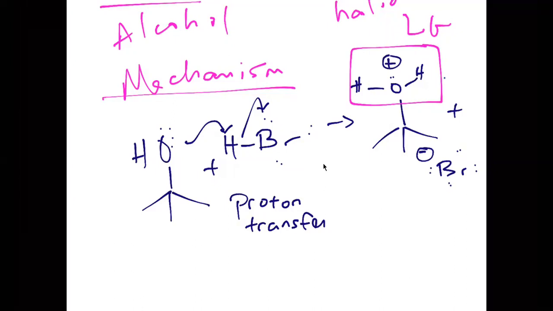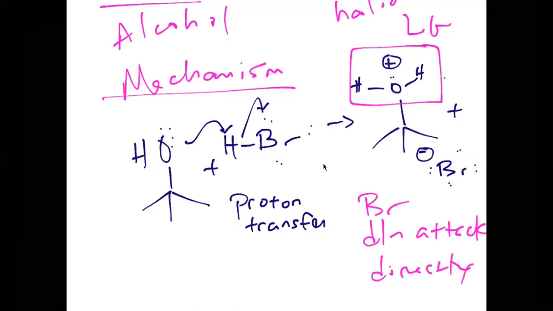All right. So there won't be any direct attack. So Br doesn't attack directly. Can somebody tell me why it can't? Think about where it has to attack.